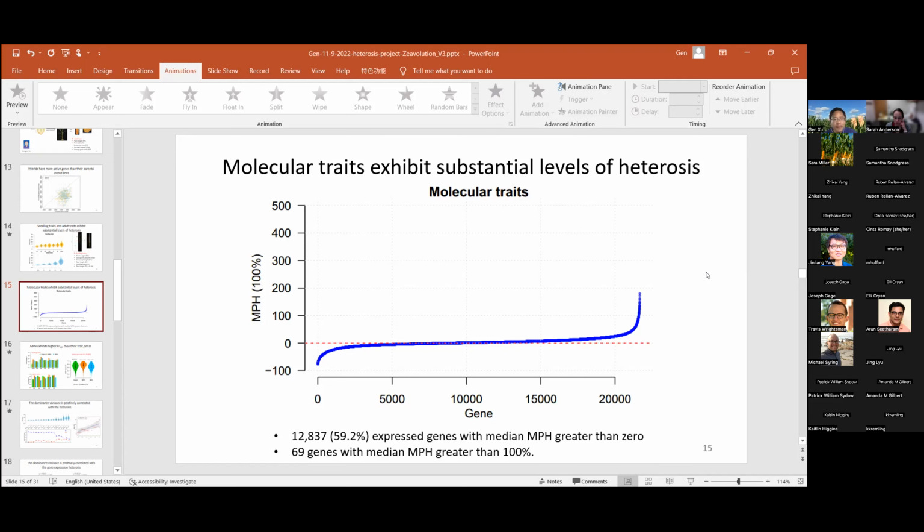On the other hand, for the left-hand side, those genes with much lower gene expression compared to their parents, whether they contribute to heterosis, we don't know. Jen didn't test that. That's something we should test for sure. But at least those genes' expression pattern is way different from additive.